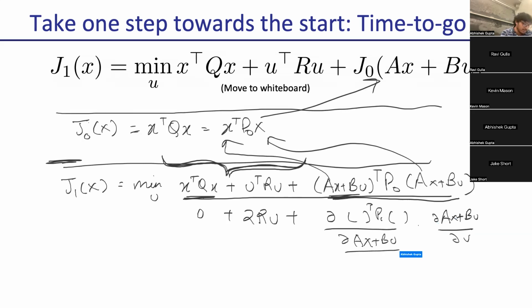So this is a quadratic in terms of ax plus bu, and this thing is linear in terms of u. And so you can write this whole thing as 2RU plus 2 times ax plus bu, p naught, times b.